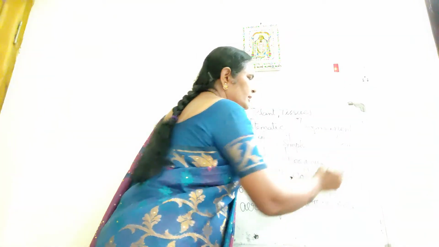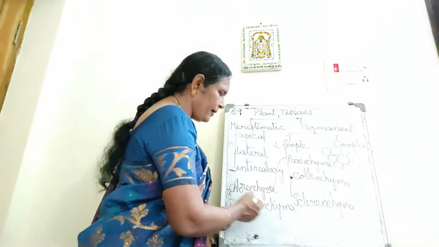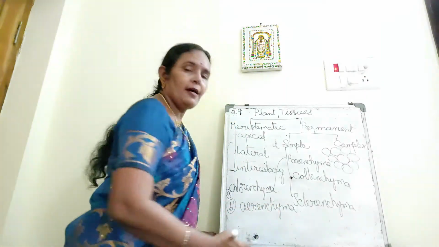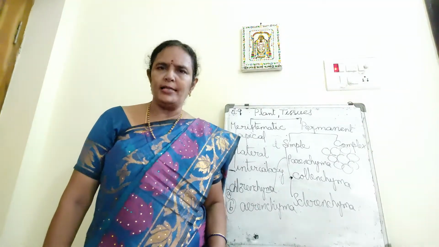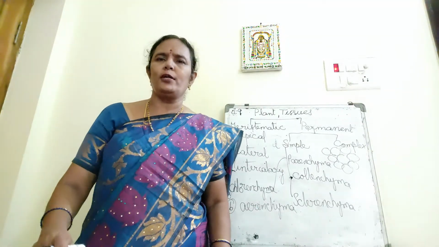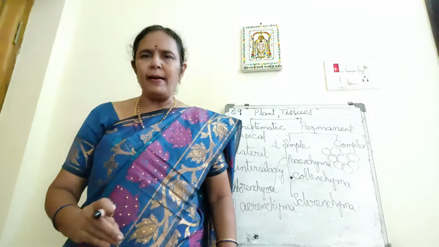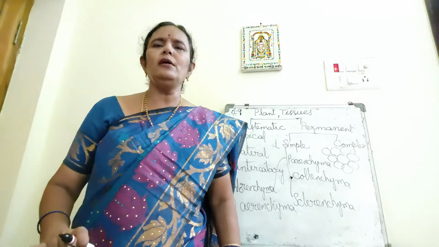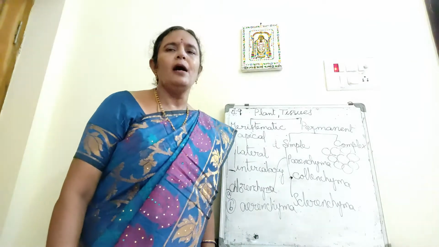Parenchyma with large intercellular spaces is called aerenchyma. Aerenchyma is present in the aquatic plants because they have to float on the water. So the aerenchyma tissue gives balance to the aquatic plant, which floats on the water. Aerenchyma is also nothing but parenchyma.